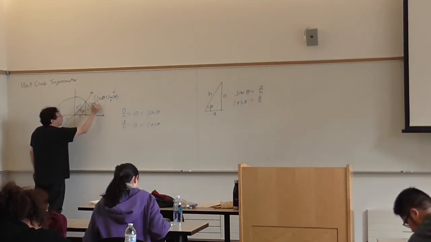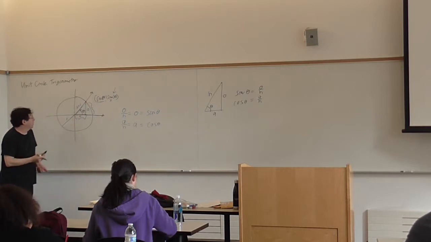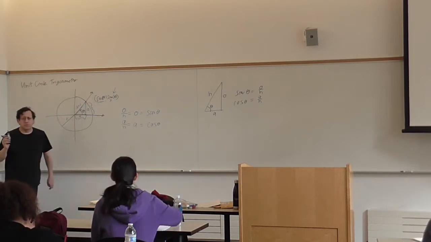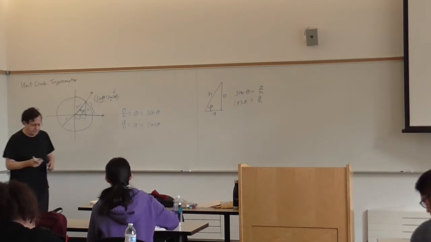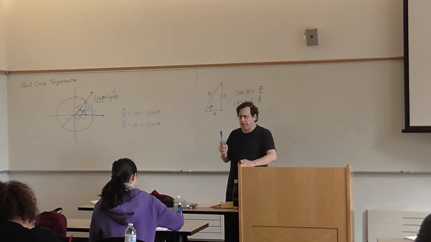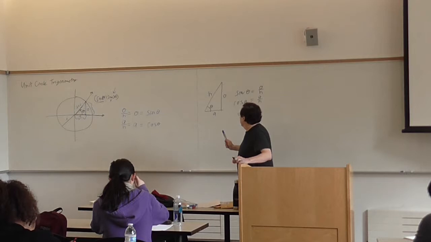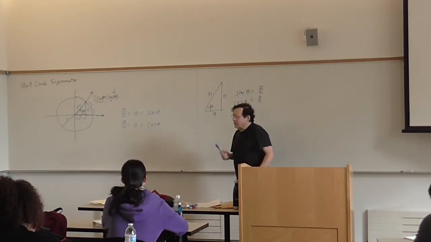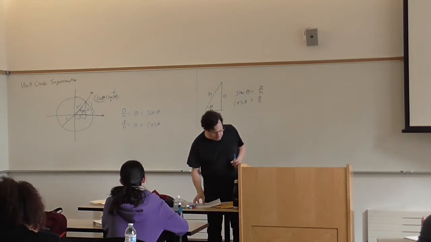That's this x coordinate here. Take a good look at that. Let that seep in for a second. Defining the sine and cosine in terms of a circle, but at least from 0 to 90, it's the same thing as our triangle definition.